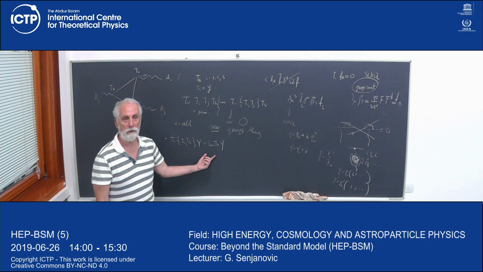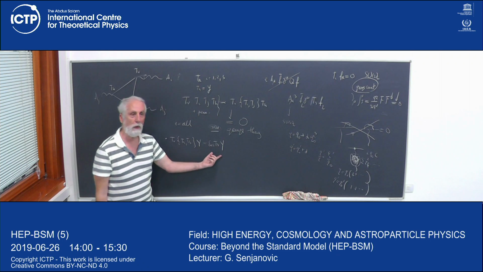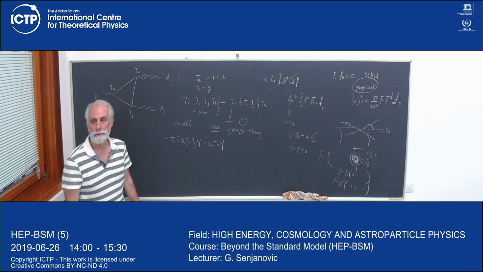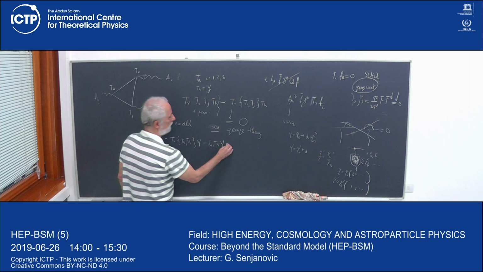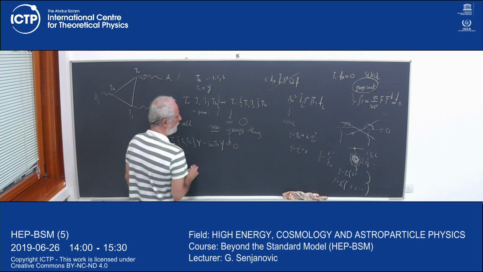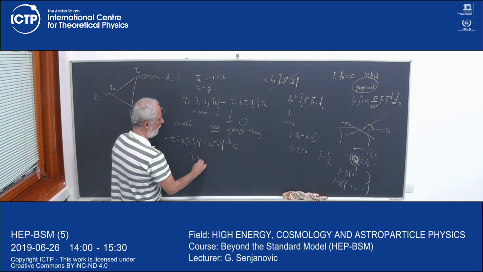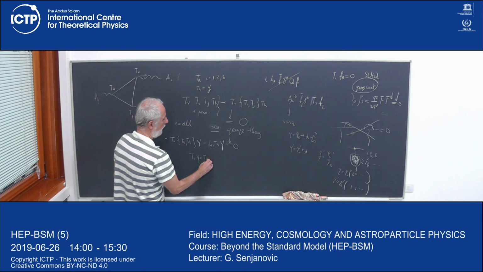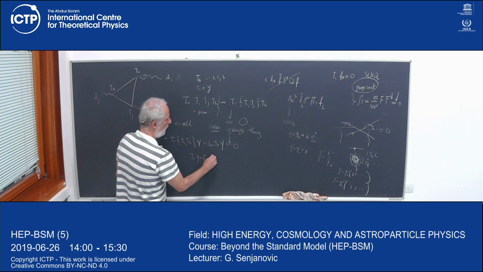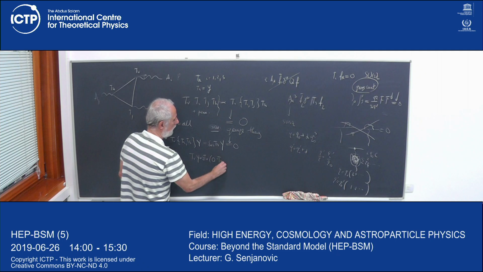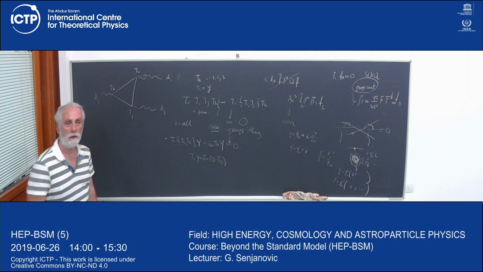And that has to do with the charge quantization. In the standard model, this must vanish. So trace of, remember, 2 times the trace of Q minus T3, must be 0.